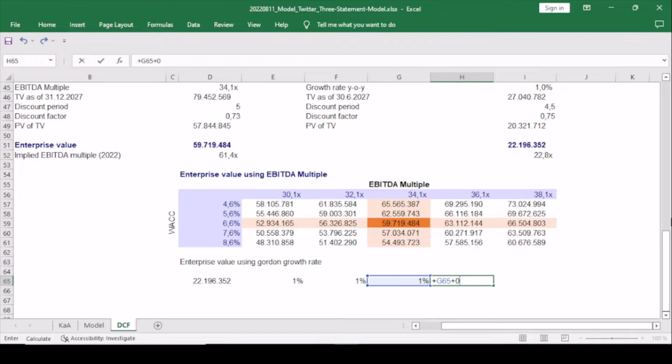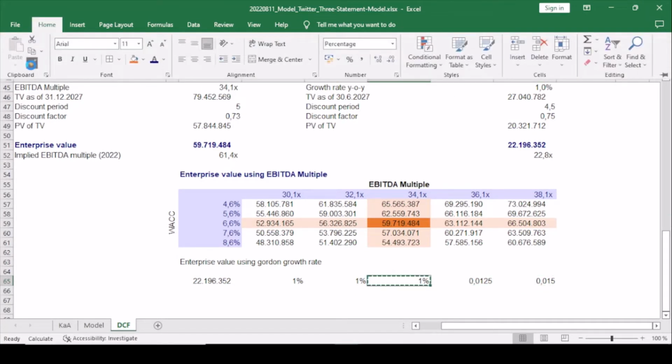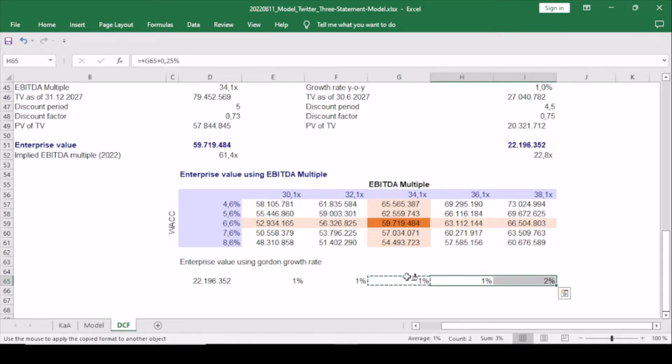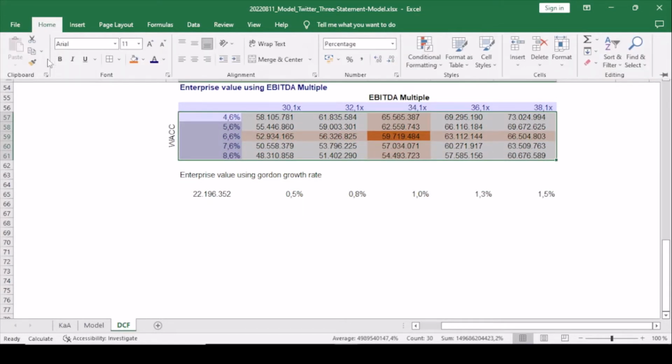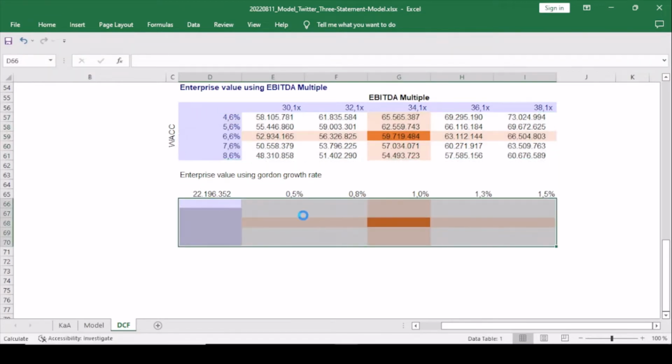So with huge data tables, I would recommend changing calculation to manual, as you can run into significant issues with this kind of background calculation. So we add formatting.